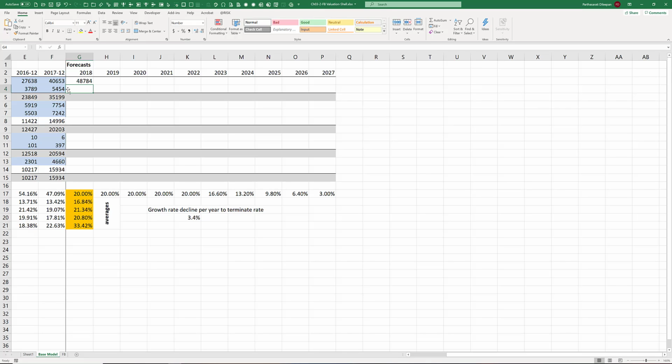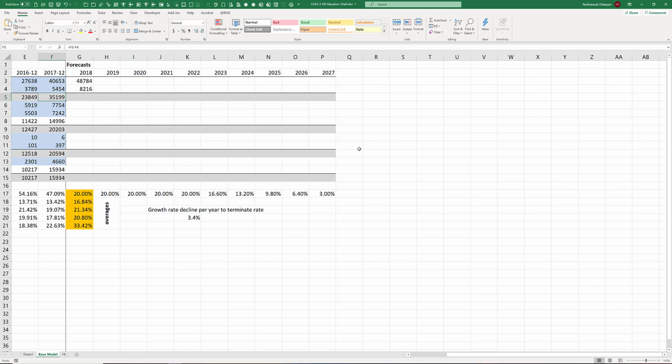Okay, next is cost of goods. So cost of goods is going to be the revenue times the ratio. And remember, we assume that this is going to be the same ratio for all 10 years, so we have to make that absolute reference.